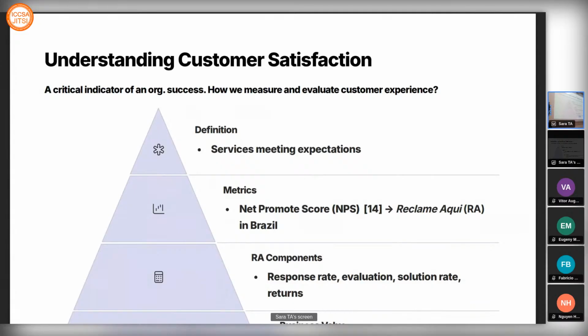In Brazil, for example, we have a website called Reclame Aqui. It's something like "complain here" and it has implemented the Net Promoter Score. So how can we measure whether tech companies implementing DevOps, for example, have high scores audited by external users, as this web platform does?